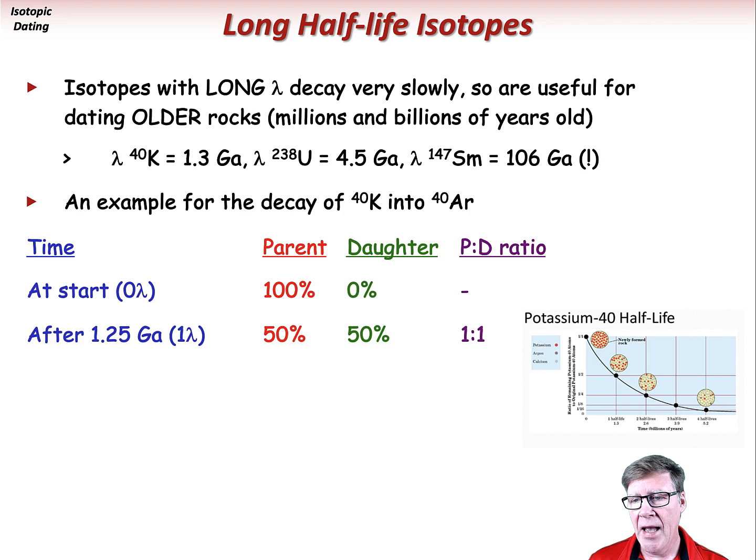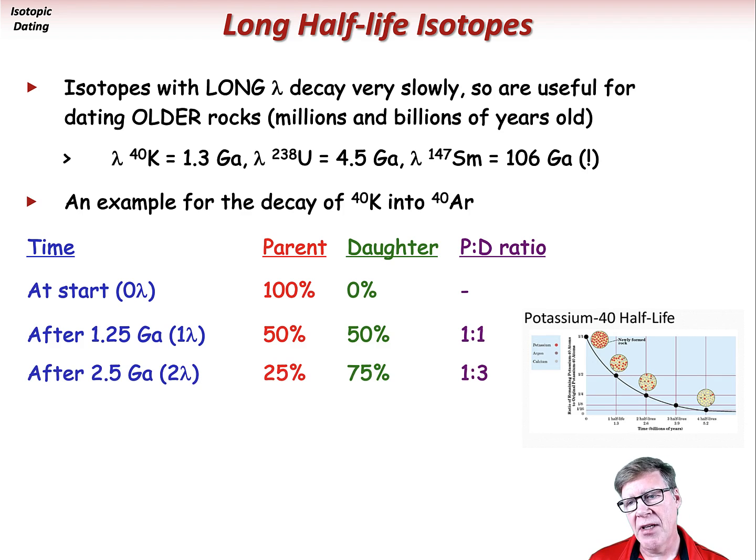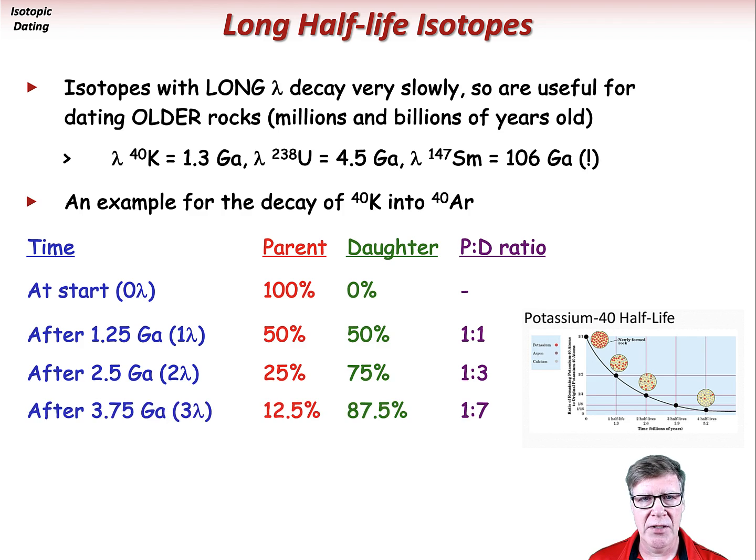After another half-life, 2.5 billion years down the line, we're down to half of 50%, 25% parent, and the amount of daughter has increased to 75%. And this yields a parent-daughter ratio of 1 to 3. After 3 half-lives, or 3.75 billion years, we're down to half of 25%, or 12.5% parent, and almost 88% daughter, for a 1 to 7 parent-daughter ratio.